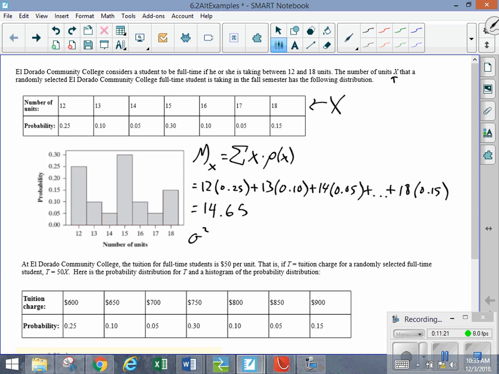So that's what we're going to do right now. Let's talk about the variance of our random variable x. That is going to be the sum of all of our x minus mu sub x, squared, times the corresponding probability of each x sub i, where x sub i, the i is just representing 12, 13, 14, 15, all the way.